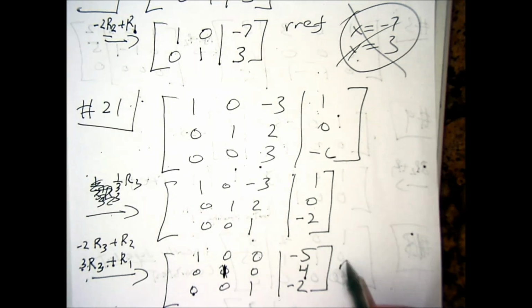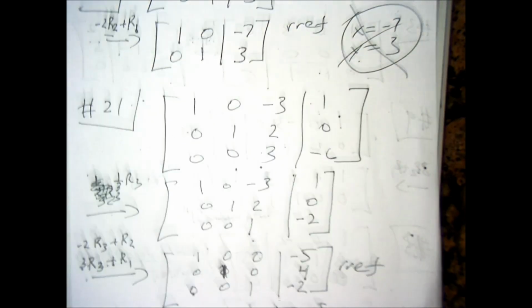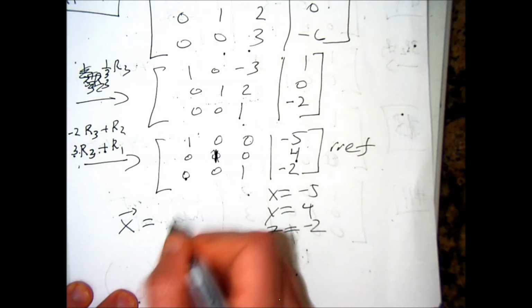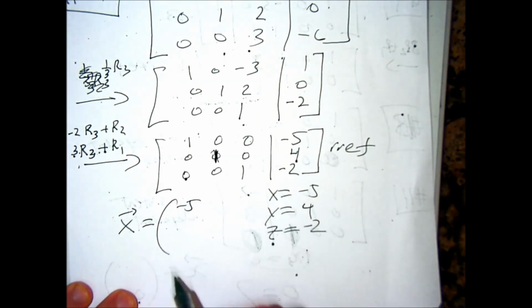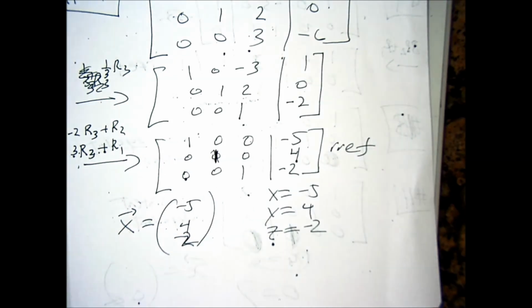So this is reduced row echelon form. My solution is x is equal to negative 5, y is equal to 4, and z is equal to negative 2. Otherwise written as the vector x is equal to negative 5, 4, negative 2. I have a unique solution at one point, or one vector.